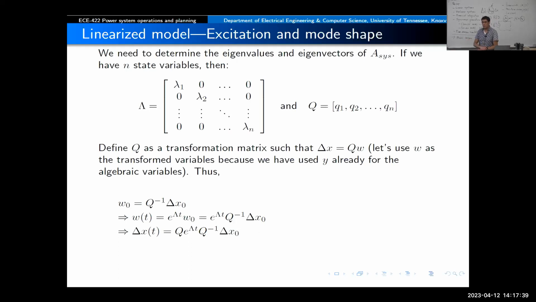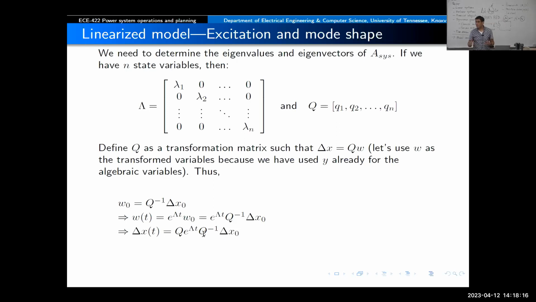That's the initial condition. Well, Q inverse delta x 0, what is that? You're multiplying a matrix by a vector. What is the result of that? A vector. And that vector will be multiplied by the matrix exponential of lambda t.